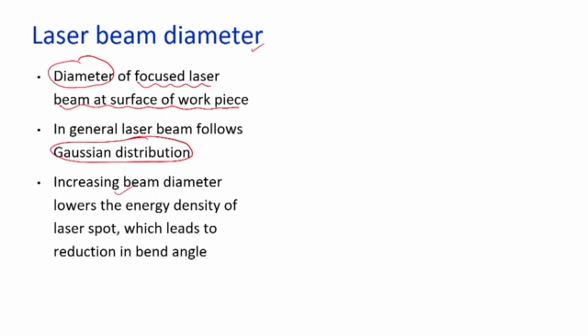If we increase the laser beam diameter, certainly the energy density will get reduced when the power is constant. That will certainly affect the bend angle as well. There would be a reduction in the bend angle.